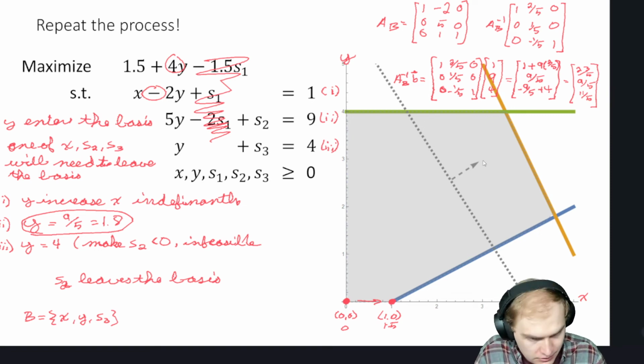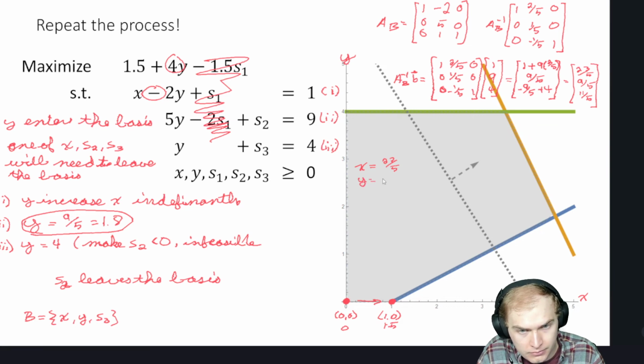So our basic solution is then x equals 23 over 5, y is 9 over 5, S1 is not in the basis, so it's 0, S2 is not in the basis, it's 0, and S3 is 11 over 5.